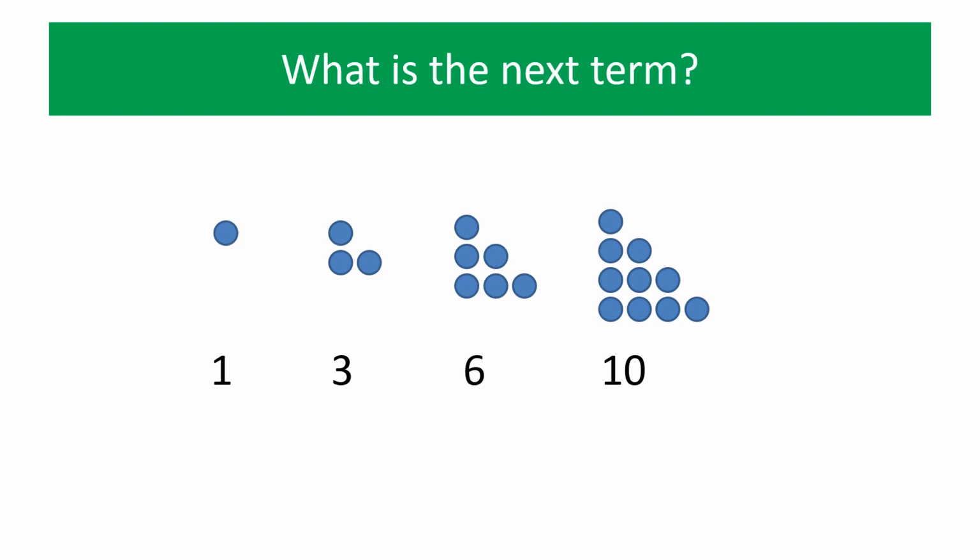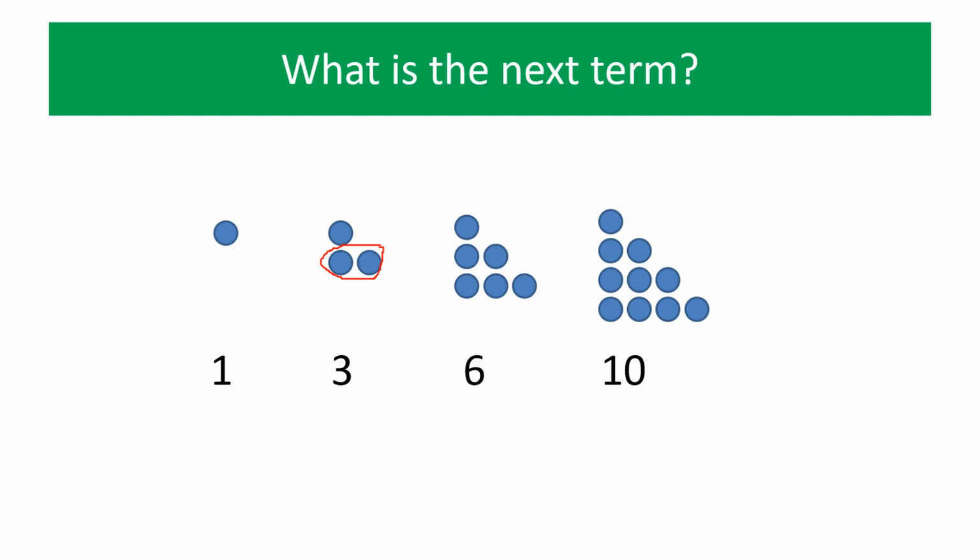Okay, so let's have a look at what you might have noticed. One way to look at it to start off with is to compare what is staying the same and what is different in each consecutive picture. If you have a look at the 3 over here, we can see that in addition to the one that we started with, we added 2 there.